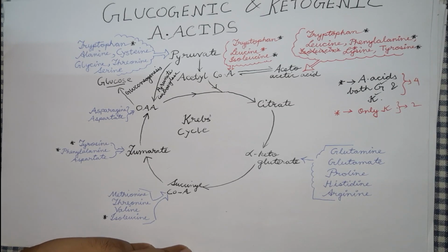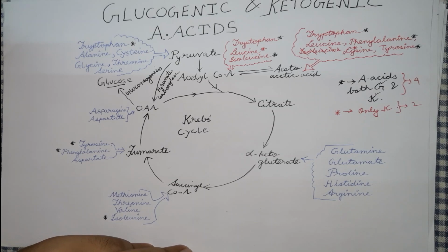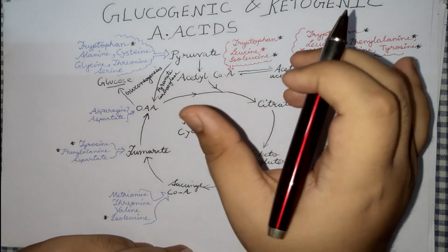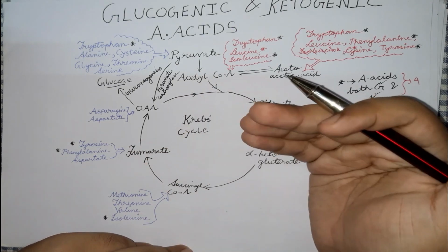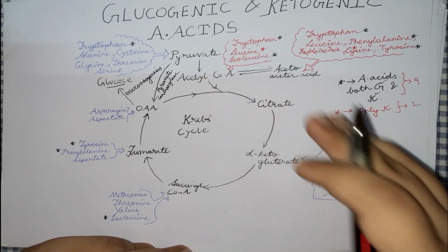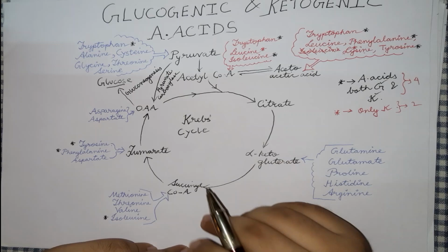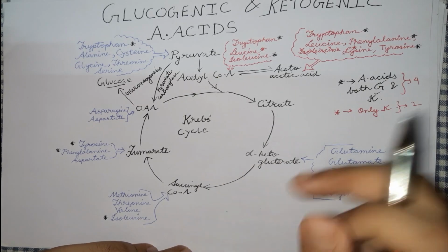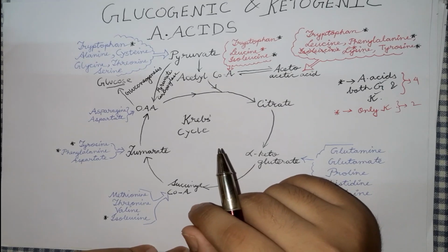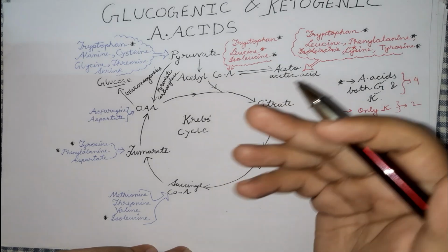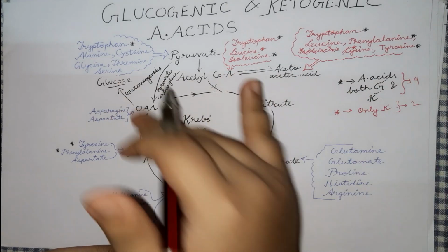But that is not the important thing here. I feel the important thing is not to remember which one is which, but to remember what stands for what. Like, what is glucogenic? What do you mean by that concept? This concept is important rather than these jotted down examples. Because when we go into the specifics of amino acid metabolism, we will be delving into how these things are happening.